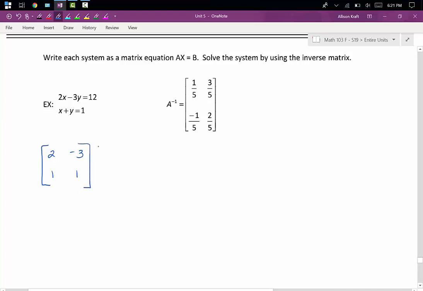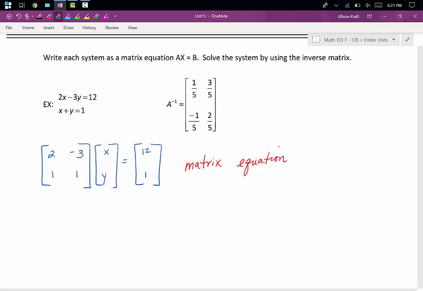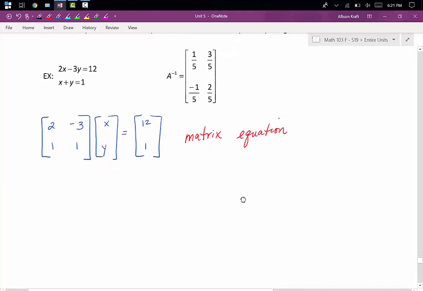We'll then multiply that by our variable matrix X, and our two variables are X and Y, and you'll notice that we're writing that vertically. And then it's equal to our constant matrix, and our constants are 12 and 1. So this here is the matrix equation. Now we're going to use the inverse provided to solve this matrix equation.